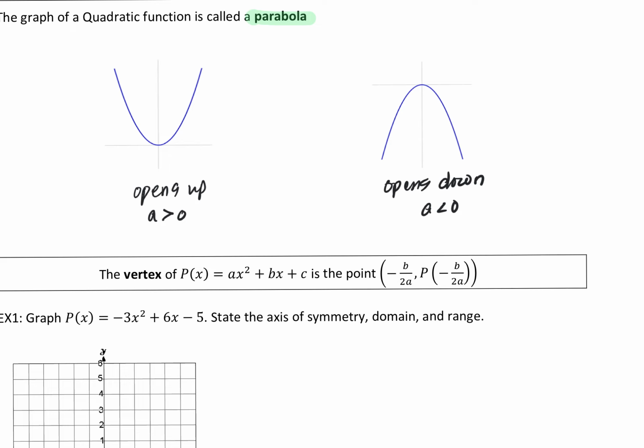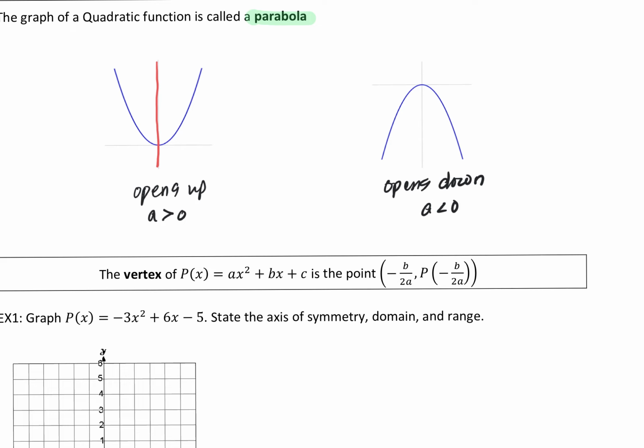So all parabolas are symmetrical about the axis of symmetry. In these particular examples, it looks like our axis of symmetry is the y-axis, but it doesn't necessarily have to be that way. So the axis of symmetry is any vertical line that will cut your parabola in half so that the two halves are mirror images of each other.